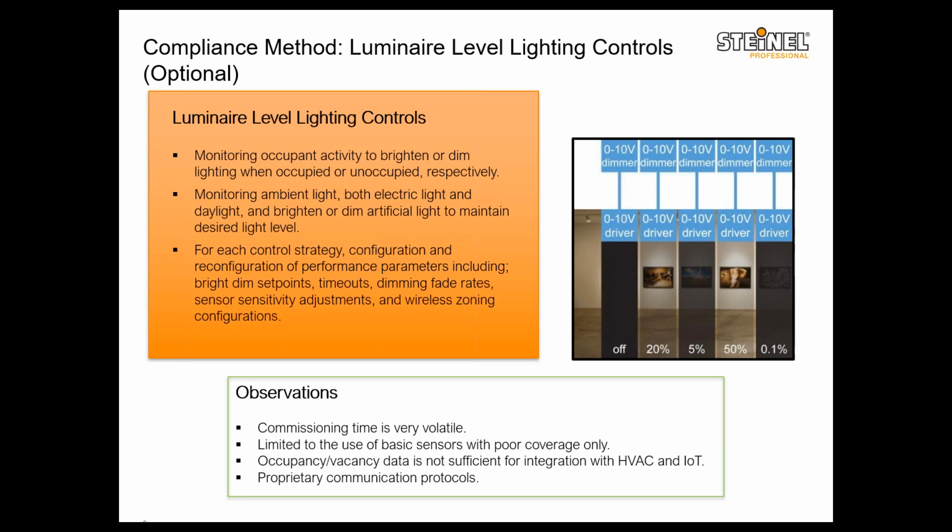And for each control strategy, configuration and reconfiguration, and each fixture and control device, you should be able to program and reconfigure their bright and dim set points, timeouts, dimming fade rate, sensor sensitivity, and wireless zoning configurations.